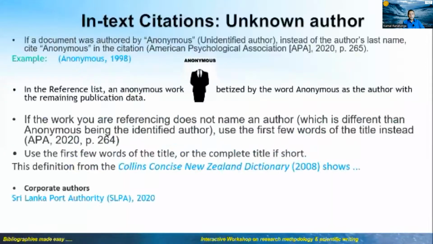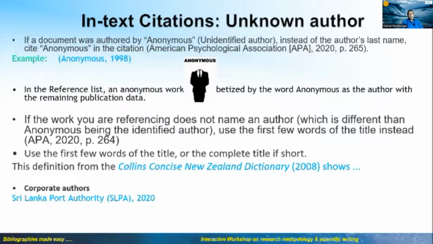The other thing is anonymous. This is another confusing point for some of us: where and how to use the term anonymous. Anonymous is used when you cannot identify the author, an unidentified author.